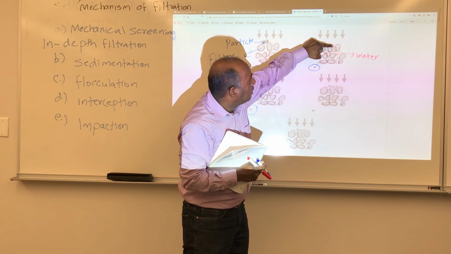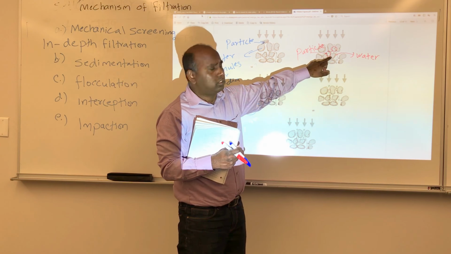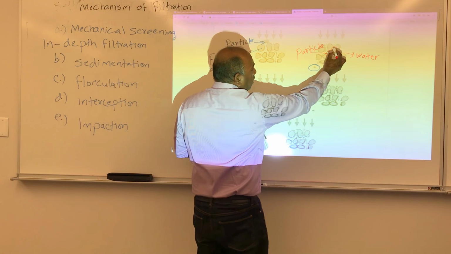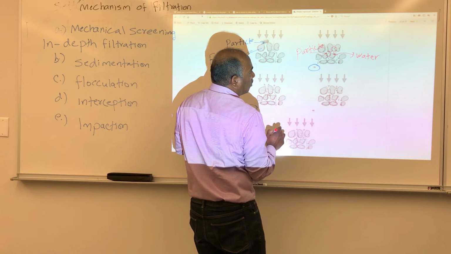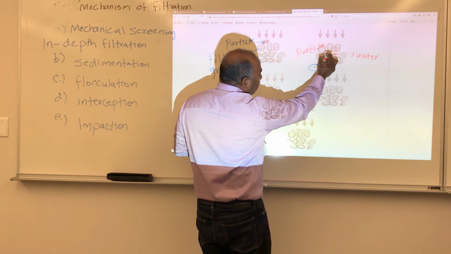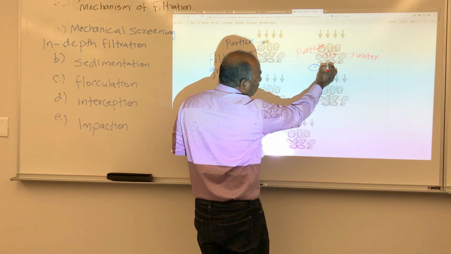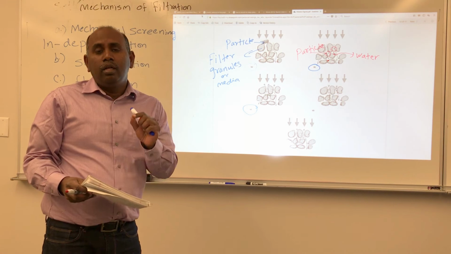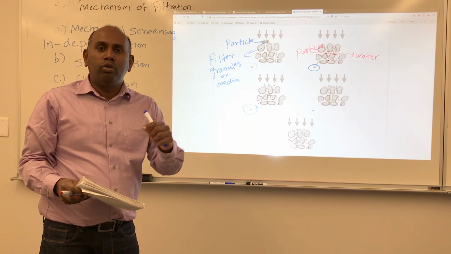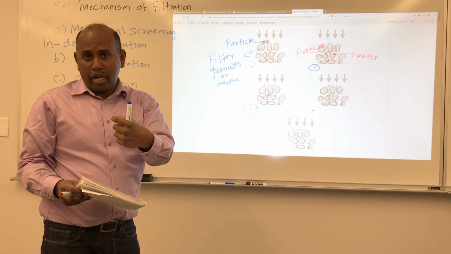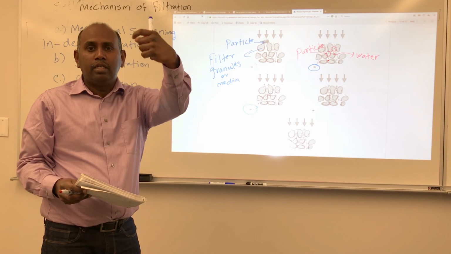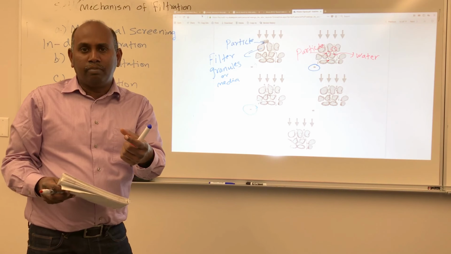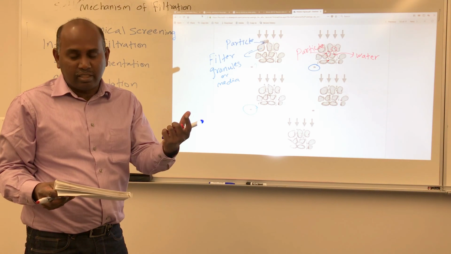Instead, they settle on the filter granules right here. This particle is going to settle right on this granule, and this particle is going to flow and settle right here. That is called sedimentation, where particles are small enough to pass through the filter granules, but at some point they settle on one or more granules. Granules means the filter material, in this case fine sand.